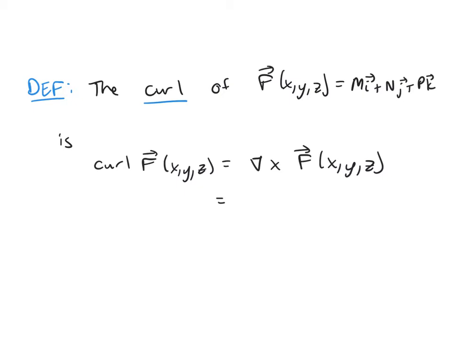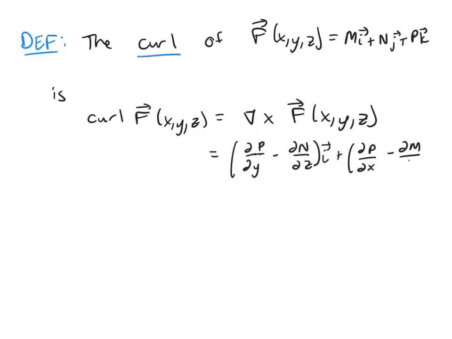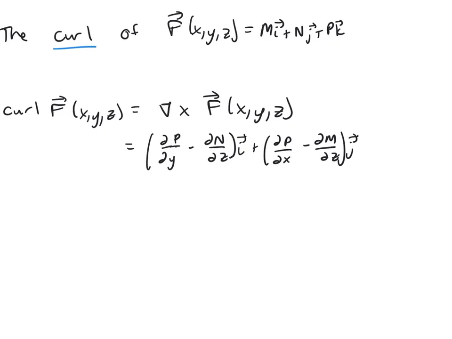So it'll be the partial of p with respect to y, minus the partial of n with respect to z, i, plus the partial of p with respect to x, minus the partial of m with respect to z, j, plus, that should be a minus here.